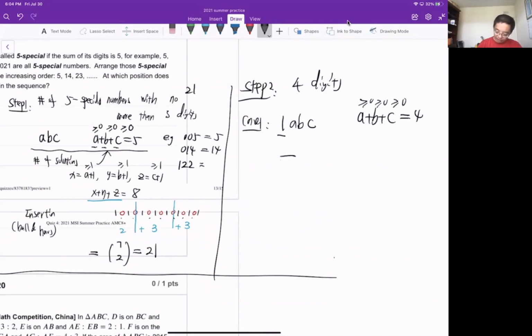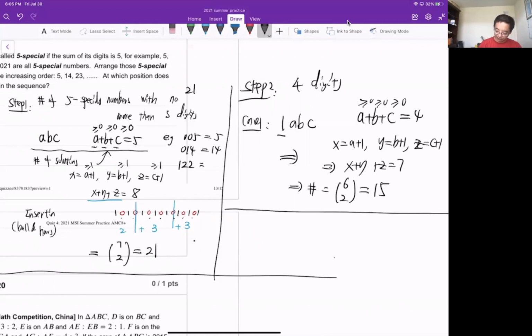By the same trick, we can let X equals A plus 1, Y equals B plus 1, and Z equals C plus 1. So we have X plus Y plus Z is 7. Again, use this insertion trick, and we get 6 choose 2, which is 15. So we get 15 numbers for case 1.